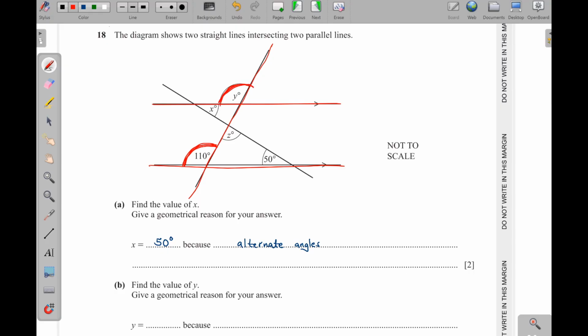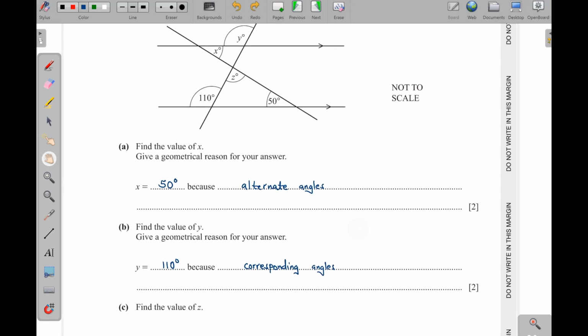These ones are corresponding angles. So y is therefore going to be equal to 110 because these are corresponding angles. You just write the statement corresponding angles. If you want, you can say are equal, no problem. Okay.